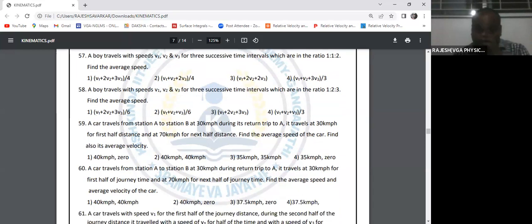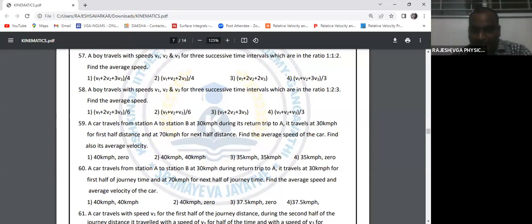Next one. A boy travels with speeds V1, V2, V3 for the 3 successive time intervals which are in the ratio 1:2:3. So 1 into V1 plus 2 into V2 plus 3 into V3, that is V1 plus 2V2 plus 3V3 by 1 plus 2 plus 3, that is 6. Right? This is the formula V1D1, total distance by total time. Distance is V1D1. Yesterday we discussed the formula.